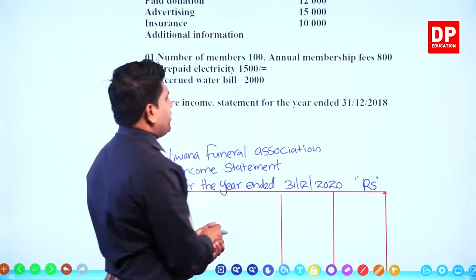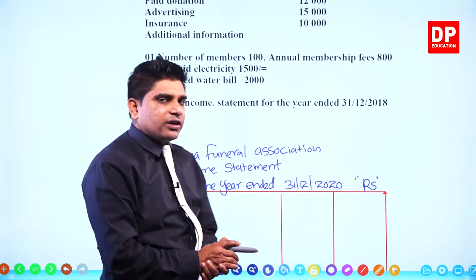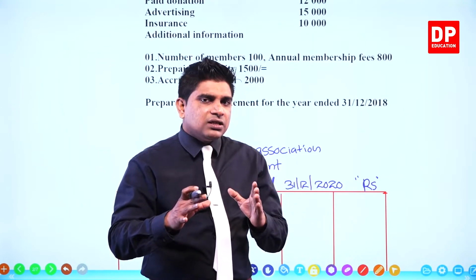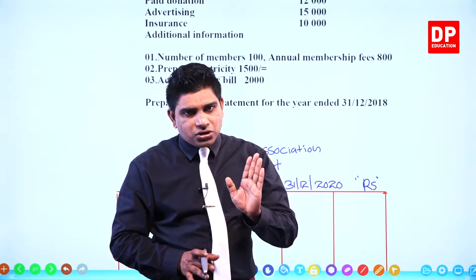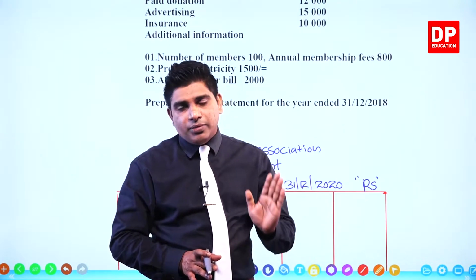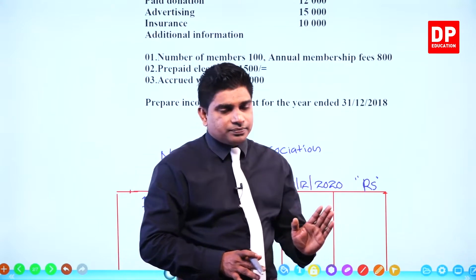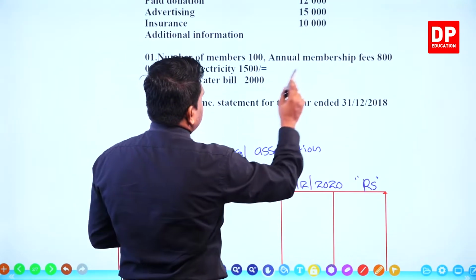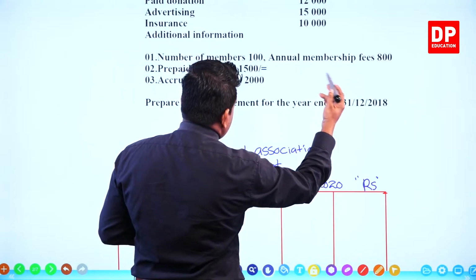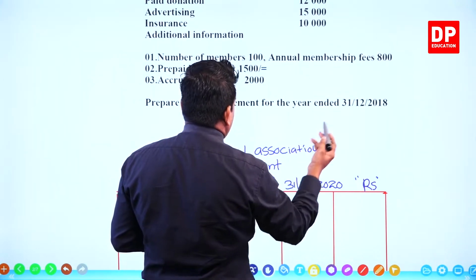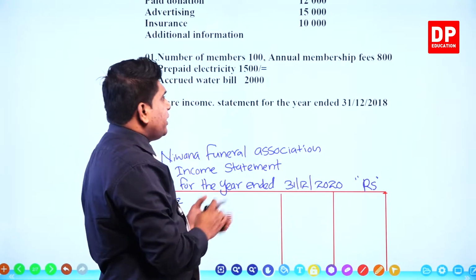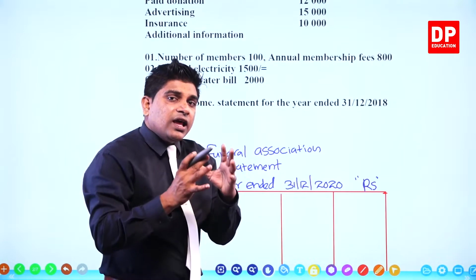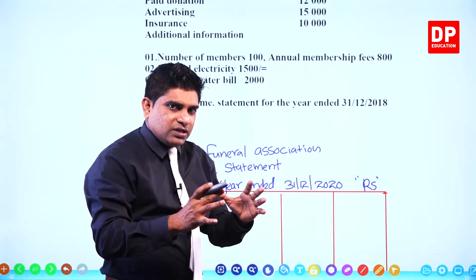Number of members 100, annual membership fee is 800. Now if you know the number of members and membership fees, you must consider those details to calculate annual membership fees. 100 members are there, annual membership fees per head 800, then 800 into 100 is the annual membership fees.